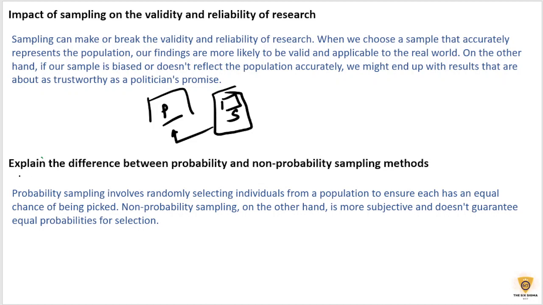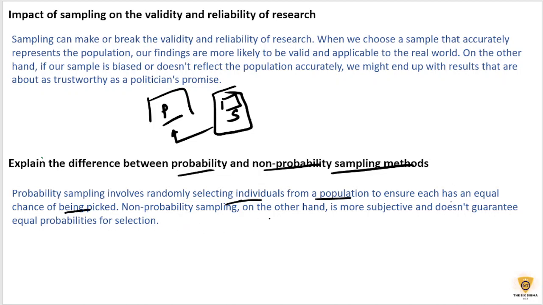And the next question, explain the difference between probability and non-probability sampling methods. तो ये दो probability methods हैं, sampling methods हैं, probability and non-probability sampling methods. तो probability sampling methods वो होते हैं wherein each member or each individual from a population has an equal chance of getting picked.